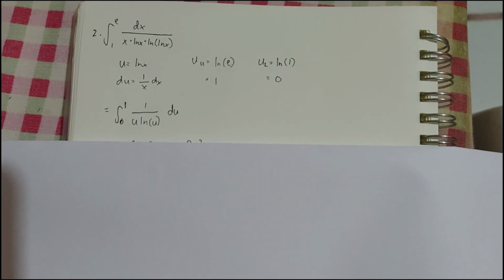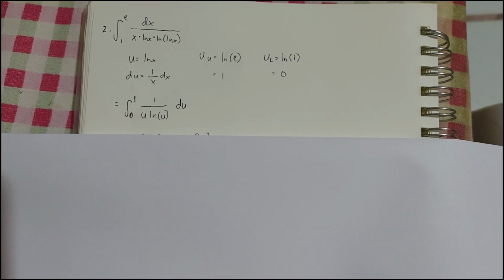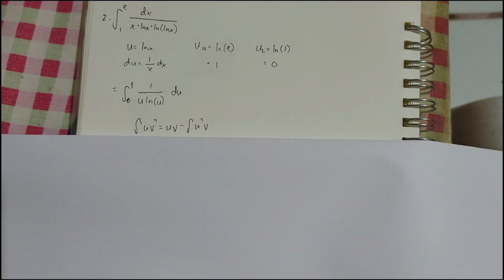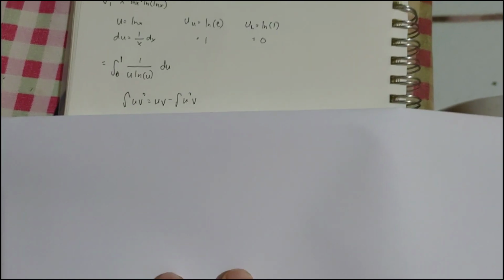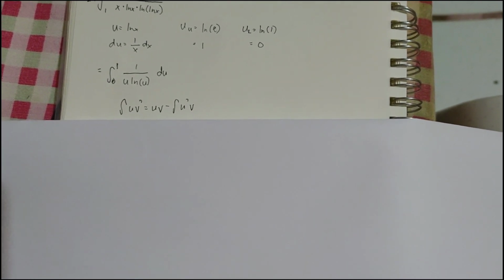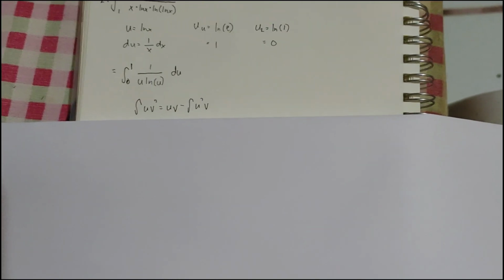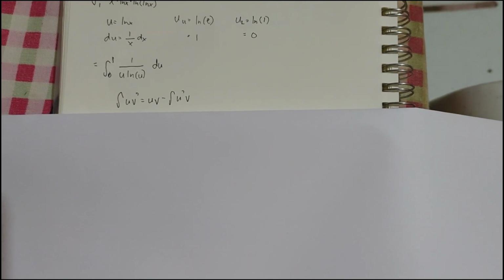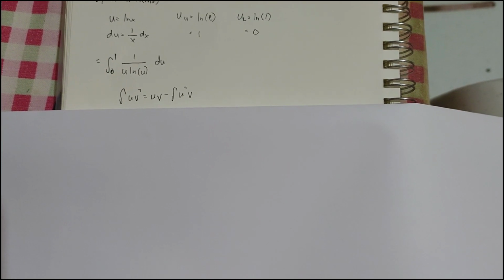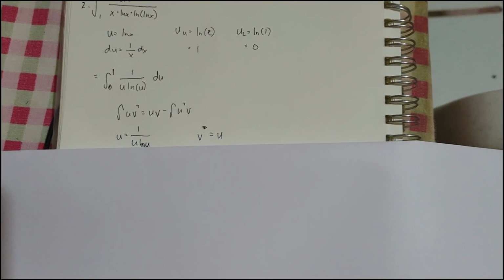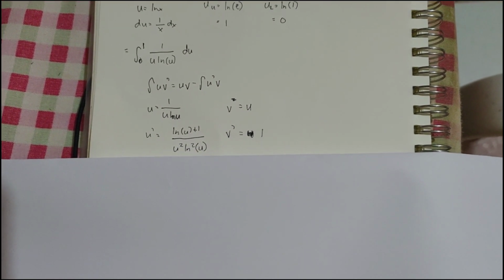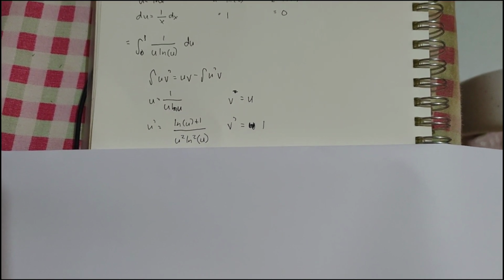So this is our new formula, which is the integral with limits from 1 to 0 of 1 all over u ln u du. From here, we will use integration by parts, which has the formula: the integral of u v prime equals u v minus the integral of u prime v. We will get our u, which is 1 all over u ln u, and the integral of this is ln u plus 1 all over u squared ln squared u.